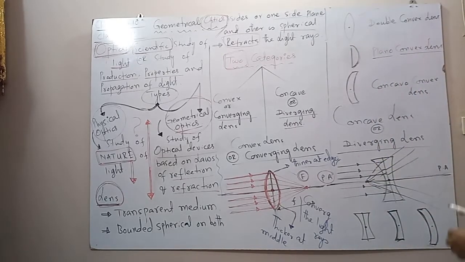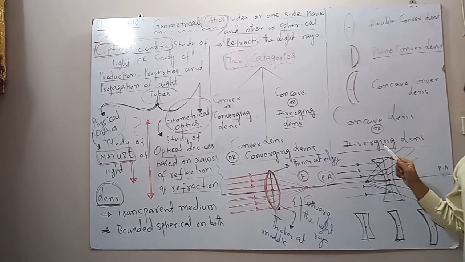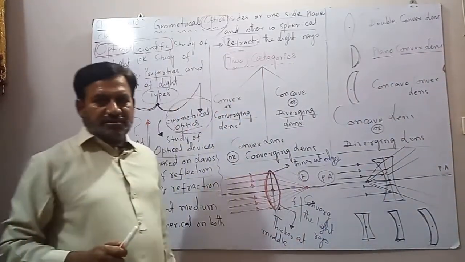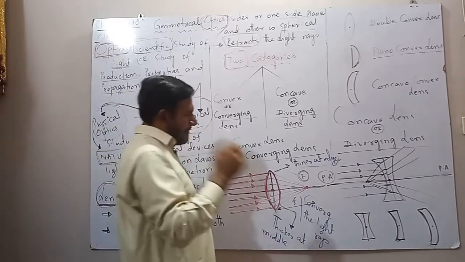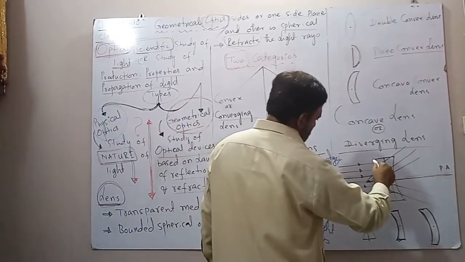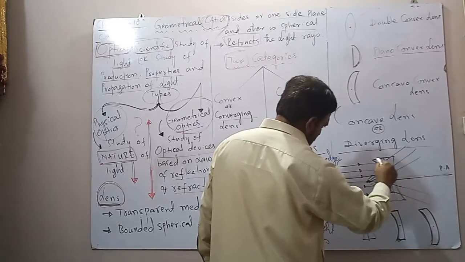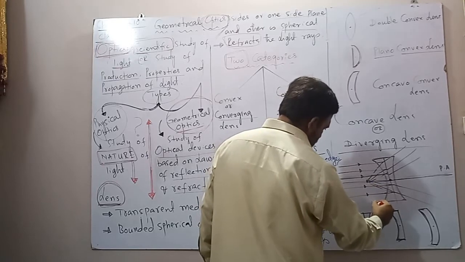Similarly, what is the concave lens? Concave lens is also the diverging lens. It is a diverging lens because it diverges the whole light. Therefore, it is known as a diverging lens. The point from where it appears to diverge the light rays is known as the focal point.